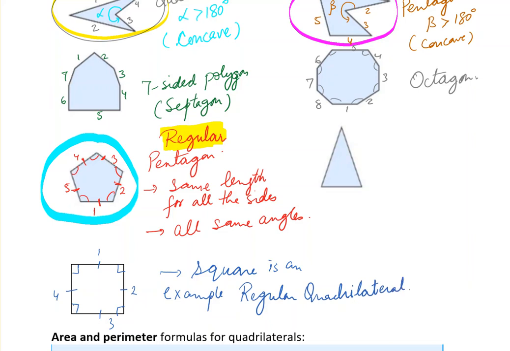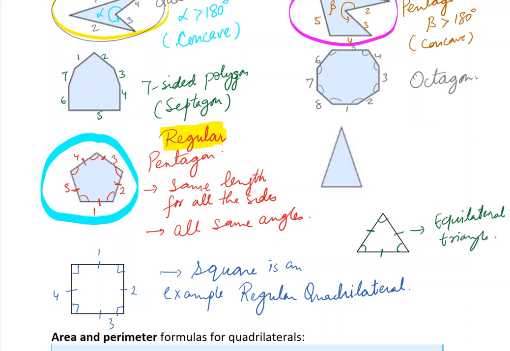Similarly, if you have a triangle with all the 3 sides the same, that is called an equilateral triangle. In an equilateral triangle, all the three angles are the same and all the 3 sides are the same. So for example, if you have something like this, with all the same sides and all the same angles, this would be called an equilateral triangle.